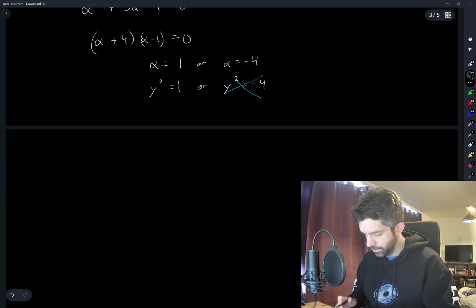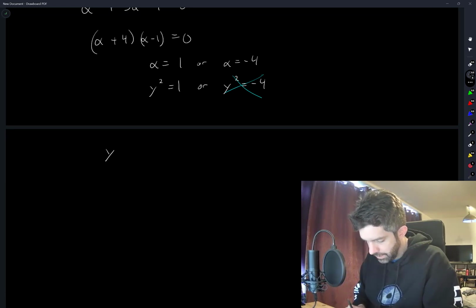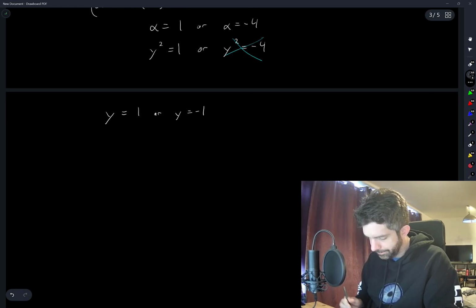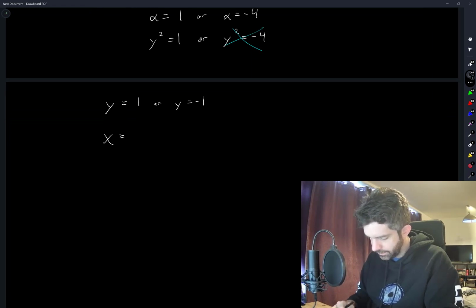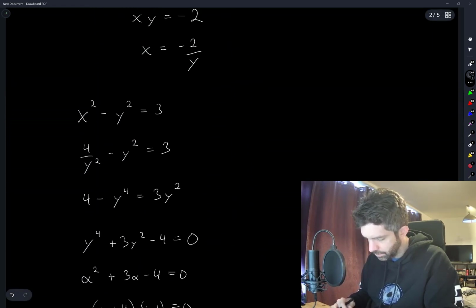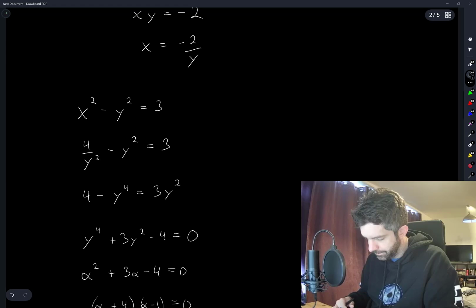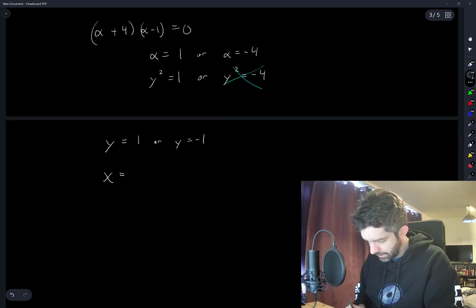We're only going to worry about the real solutions. So I have y is equal to 1 or y is equal to negative 1, which says that x is equal to negative 2 or x is equal to 2.